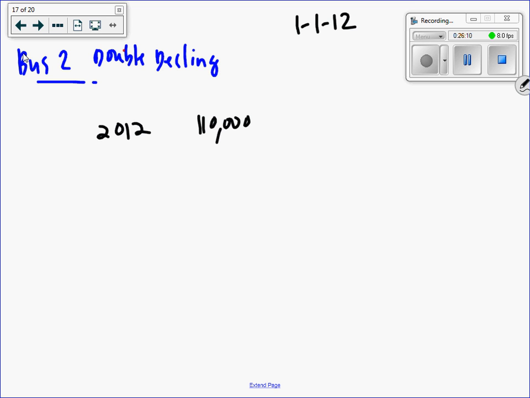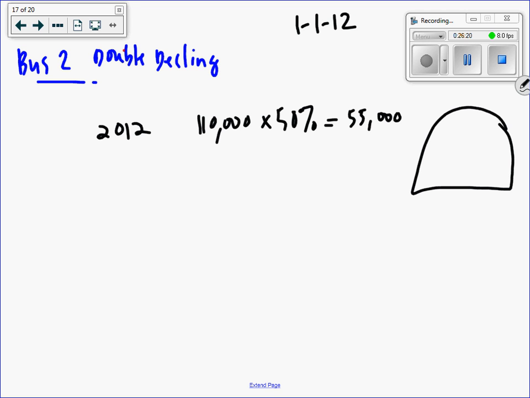It's going to lose 50% of its value. Down to 55,000. Now that is the depreciation expense for the year. The accumulated depreciation pile is also going to grow each year.